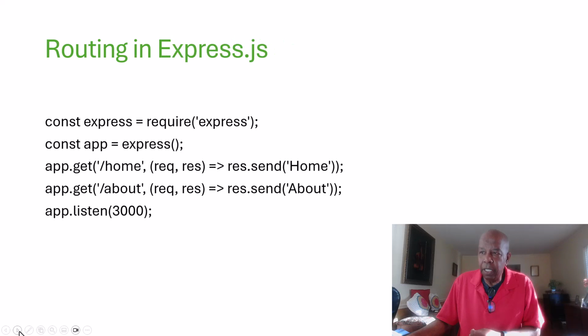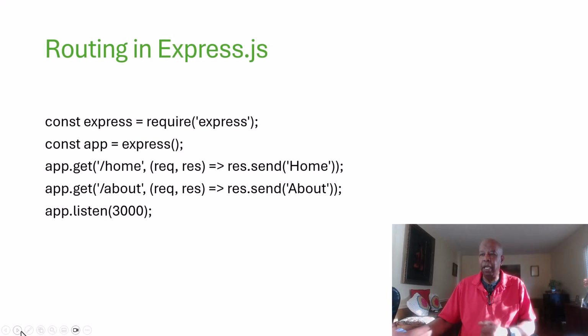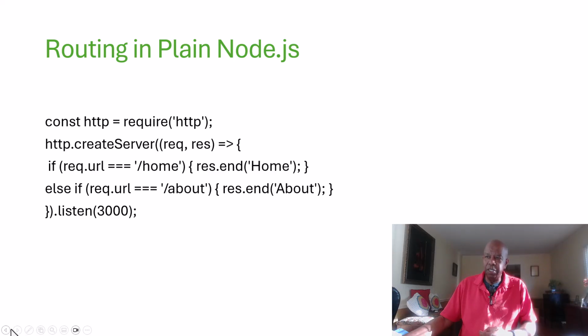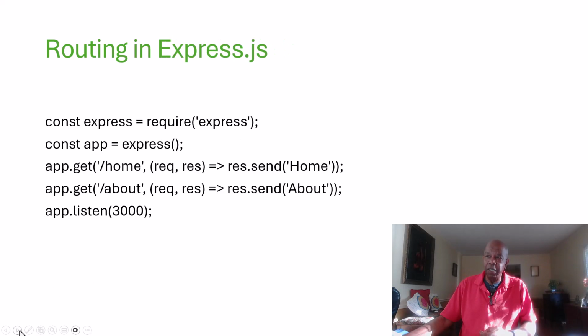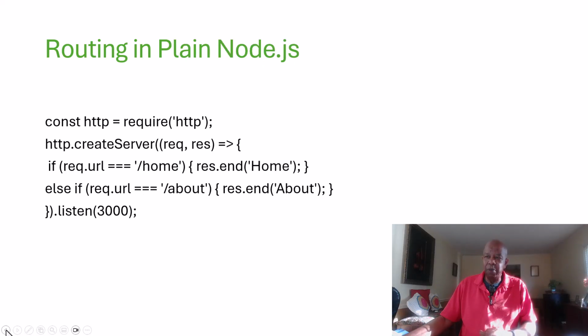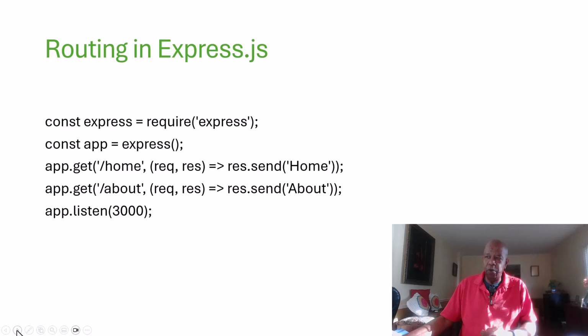Now you probably can't see the real differences right now, and really it's not that important, other than if we look at the construct of routing with plain Node versus routing in Express, it seems to be somewhat easier, somewhat more straightforward.